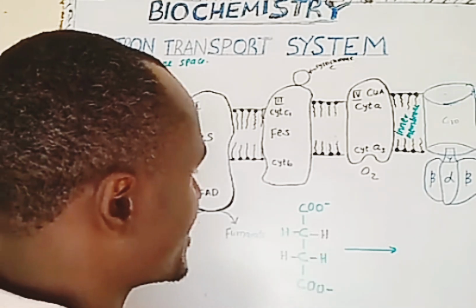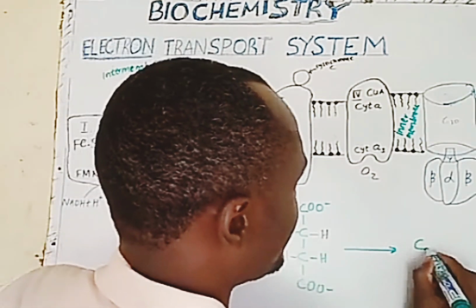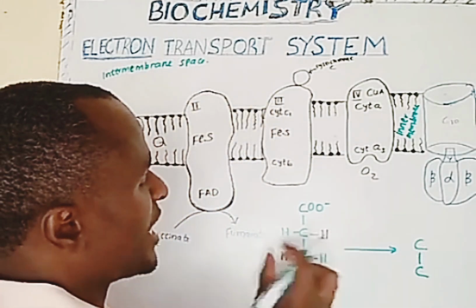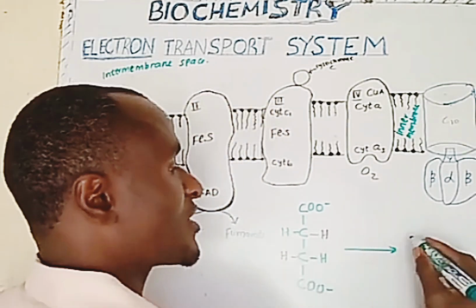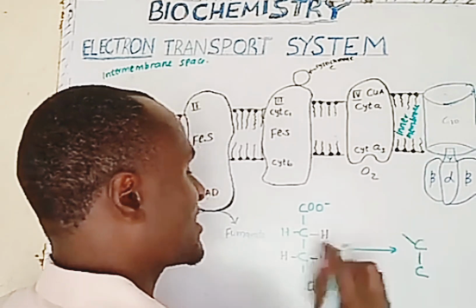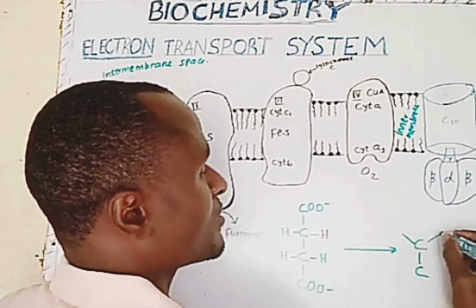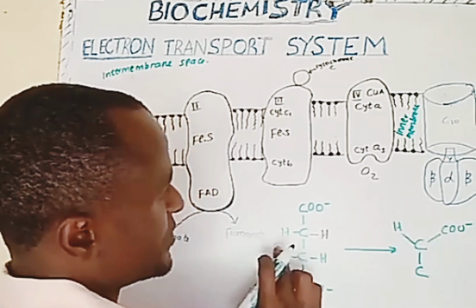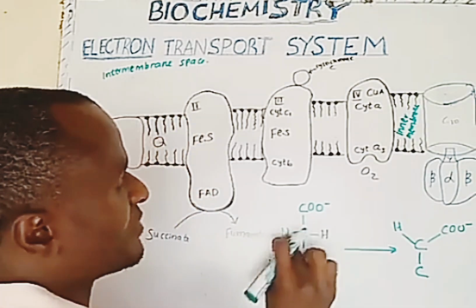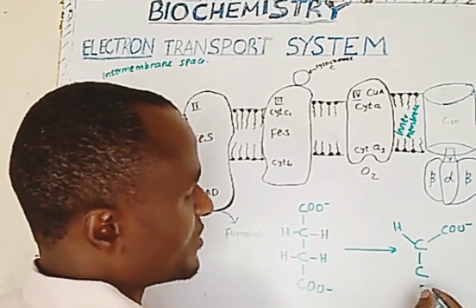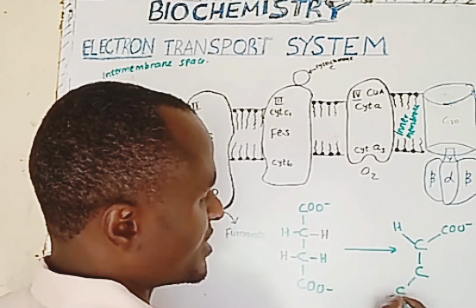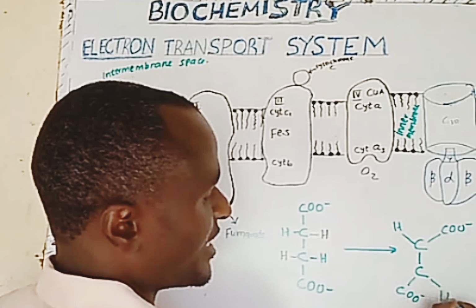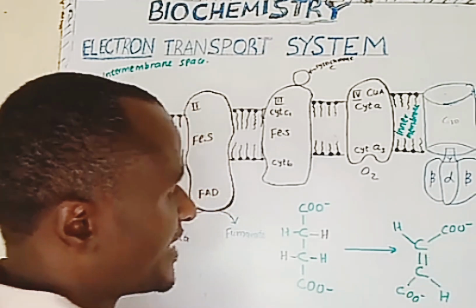We shall lose 2 hydrogen atoms, so that we have only this hydrogen atom and this carboxyl group, and the same here. So these ones will be double bonds.